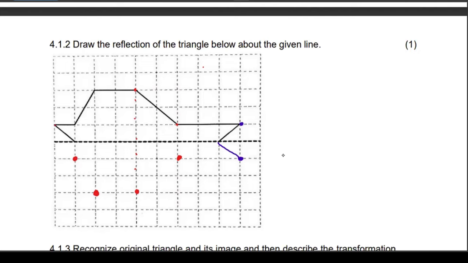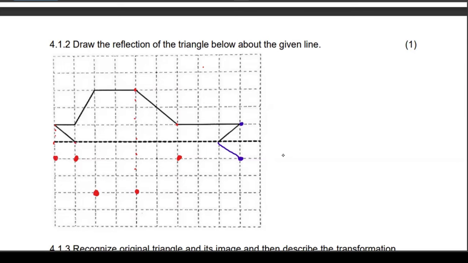And then this point is 1 block away from the line. No, this point is wrong. Is it wrong or is it correct? Getting confused now. Okay, let's see. When I look at this point, it's 1, 2. Yeah, it's correct. Meaning that this one is also going to be somewhere there.